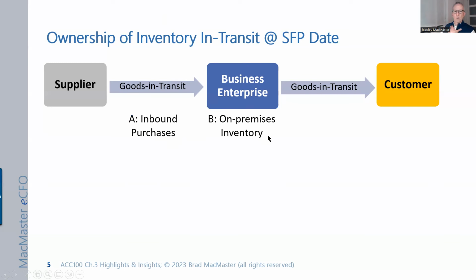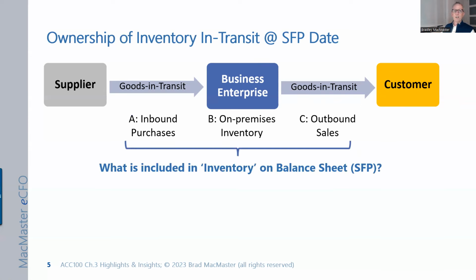On the other side of the coin, before the end of the month, our own customers could be ordering goods from us, and we could have shipped some of those goods to the customers, so they would not be on our premises. They will also be goods in transit, but they're shipping to our customers. So those are represented by outbound sales. Now the question becomes, what should be included in our inventory of goods considering these three different situations?